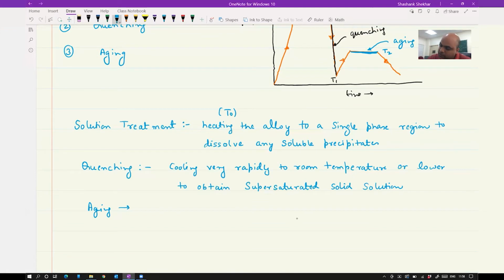Then cooling we are going to do at a certain temperature which is say T1, and then aging again we are going to heat to a temperature of say T2 to form precipitates.